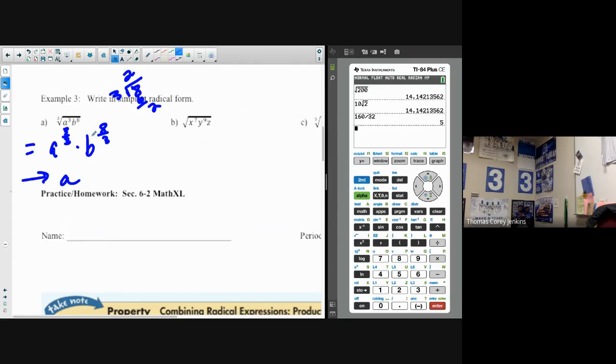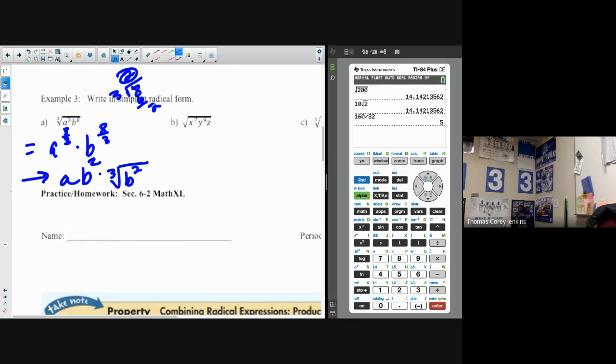Then we can take a b squared out of there, that's this 2, goes there. And then we also have something left under the radical, the cube root of whatever's left, so that would be b squared, because we have that remainder of 2. Hopefully that makes sense.